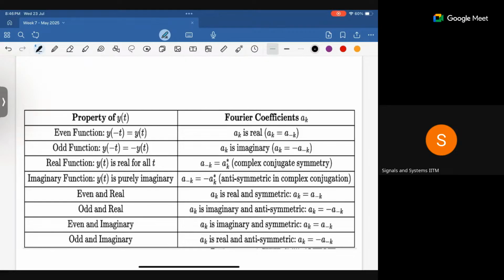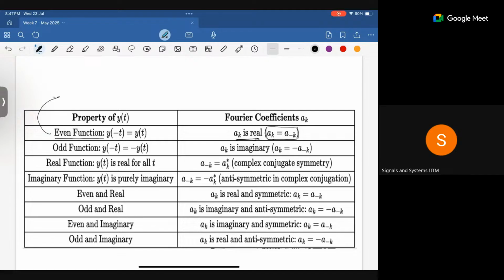Right. So if your signal is an even signal, then our Fourier series coefficients will also be even. They will be real and also even. So ak is equal to a minus k. So for k equal to 1 and k equal to minus 1, k equal to 2 and k equal to minus 2, all will be the same. And they will also be real.